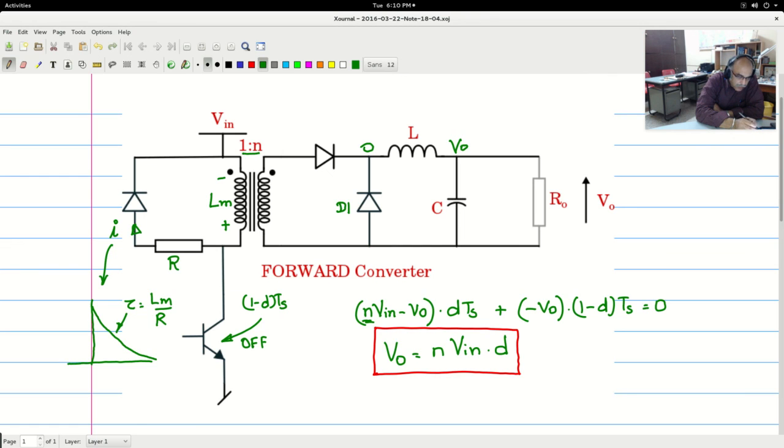So by the time it reaches 0 here, the core flux would have almost come to zero flux state. So this is a very important portion.